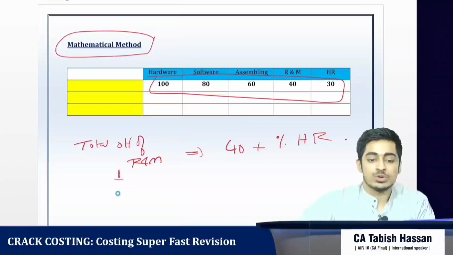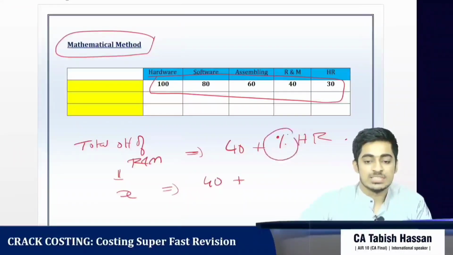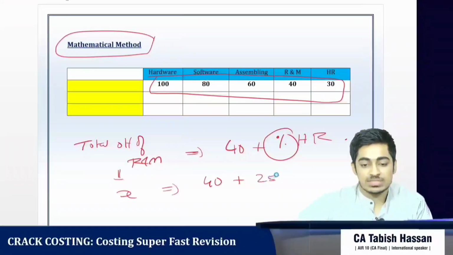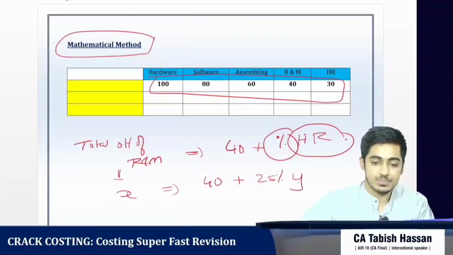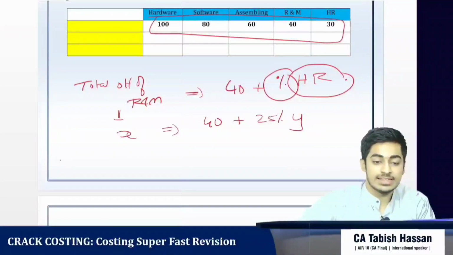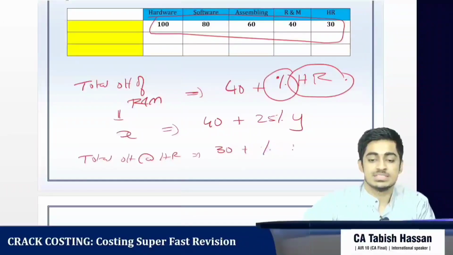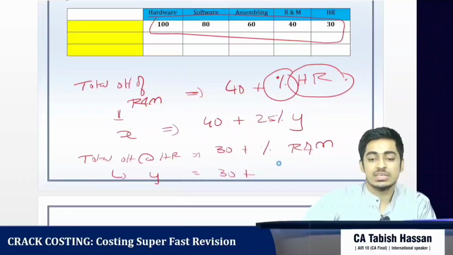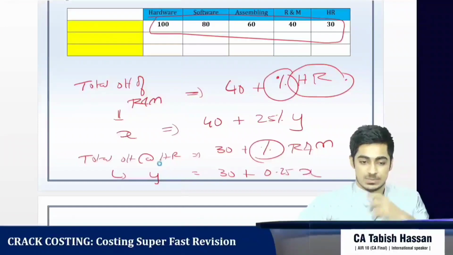So we take the total overhead in repairs and maintenance as X. X is equal to 40 plus a percentage, assuming it as 1:1:1:1, that is 25%. We take the total overhead at HR department as Y. So we got the first equation. Now we'll get the second equation: total overhead at HR, Y, is equal to 30 plus the percentage share of repairs and maintenance, again taking it as 25% of X. So we've got two equations here.